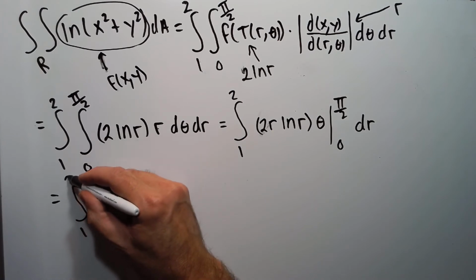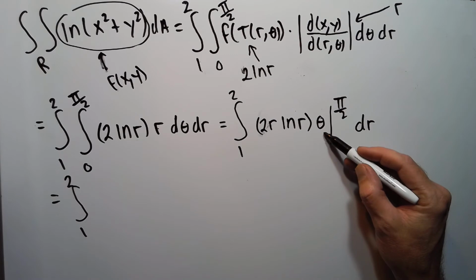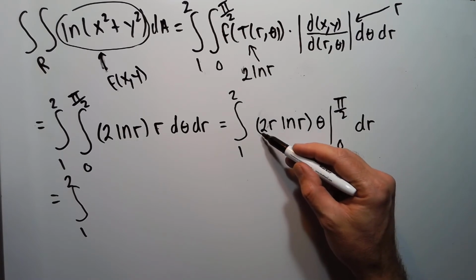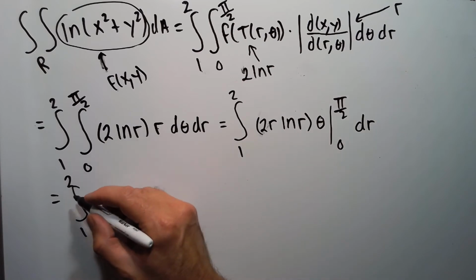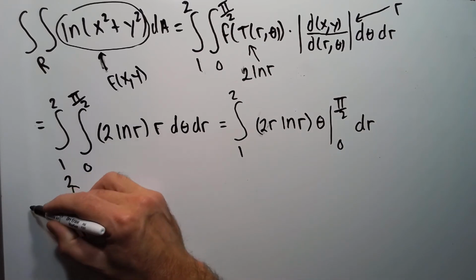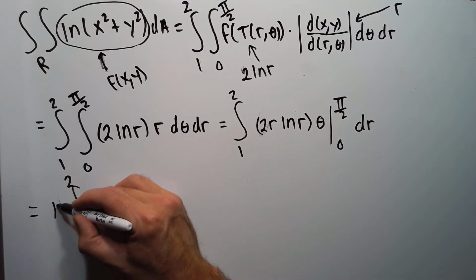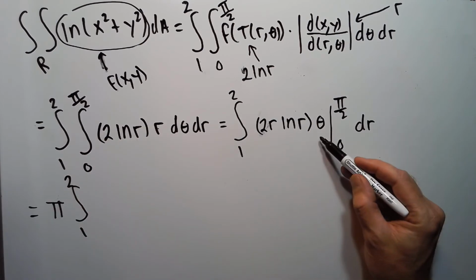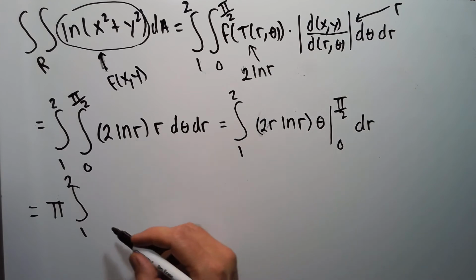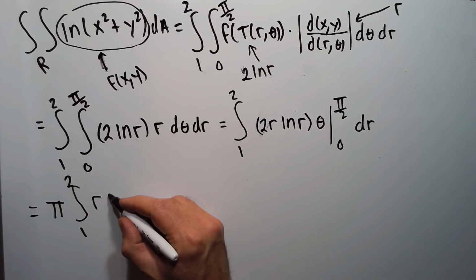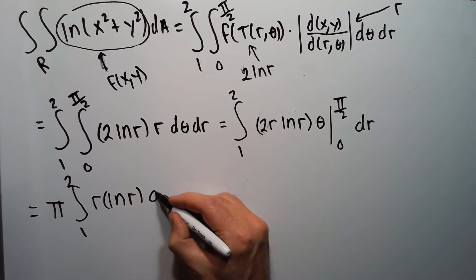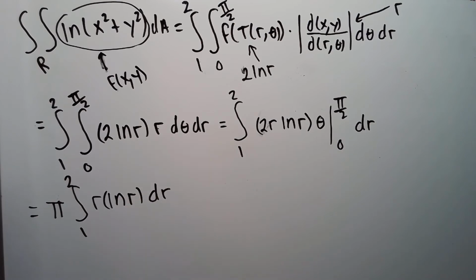Putting pi over 2 here, the 2 will cross off with this one, and I can pull that pi outside the integral. So it'll be pi times the integral of r ln of r dr.